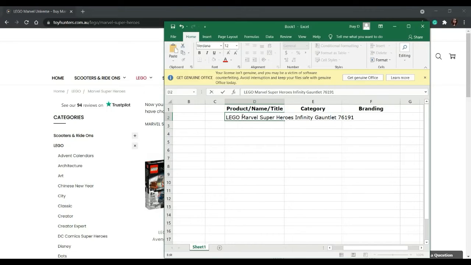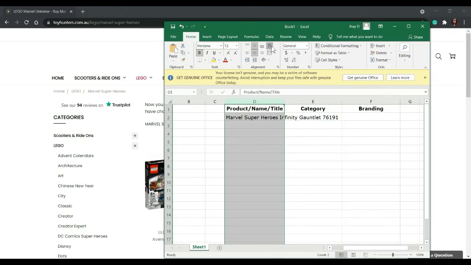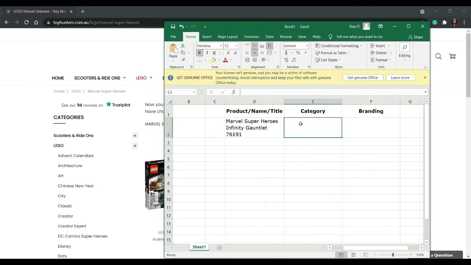Here is the name, Marvel Superheroes Infinity Gauntlet 76191. And the category is Lego. And its branding is Toy Hunters.